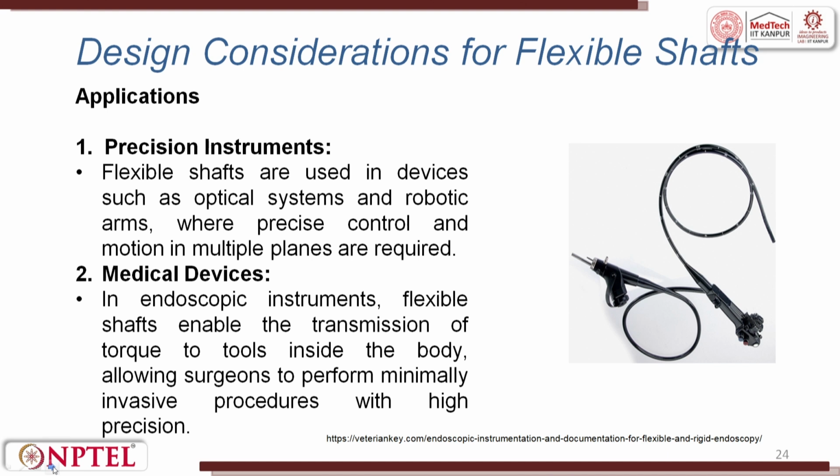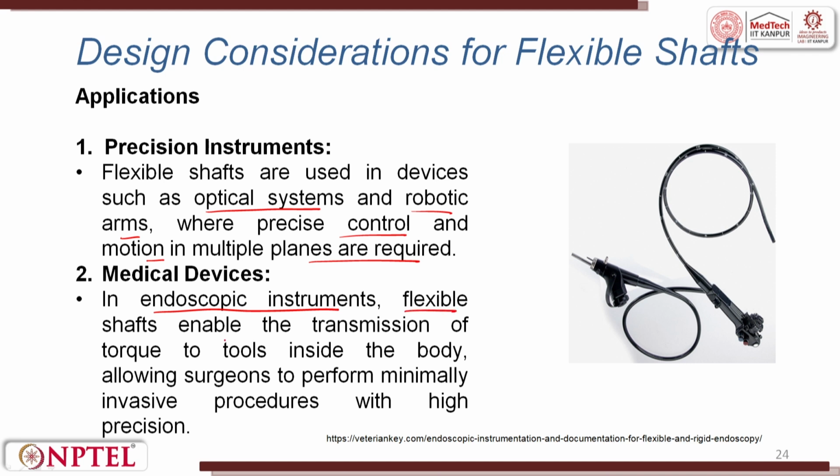Let us talk about the applications of flexible shafts. Flexible shafts are used in devices such as optical systems and robotic arms, where precise control and motion in multiple planes are required. They are also used in medical devices, in endoscopic instruments, where the shaft goes inside the body through the anus or sometimes the mouth.